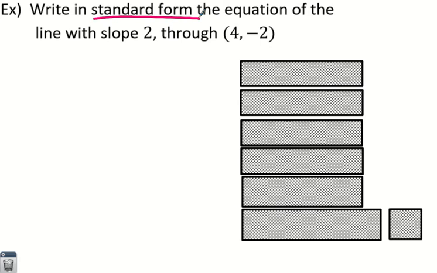If they want an equation in a certain form, that only means you need to finish in that form. You don't necessarily have to start in that form. Like here, considering the ingredients they are giving me to work with, slope and a point.